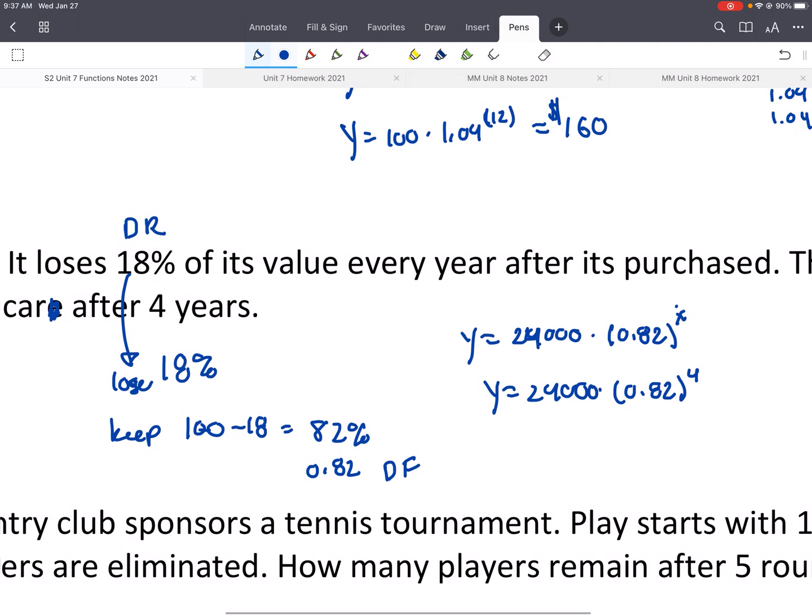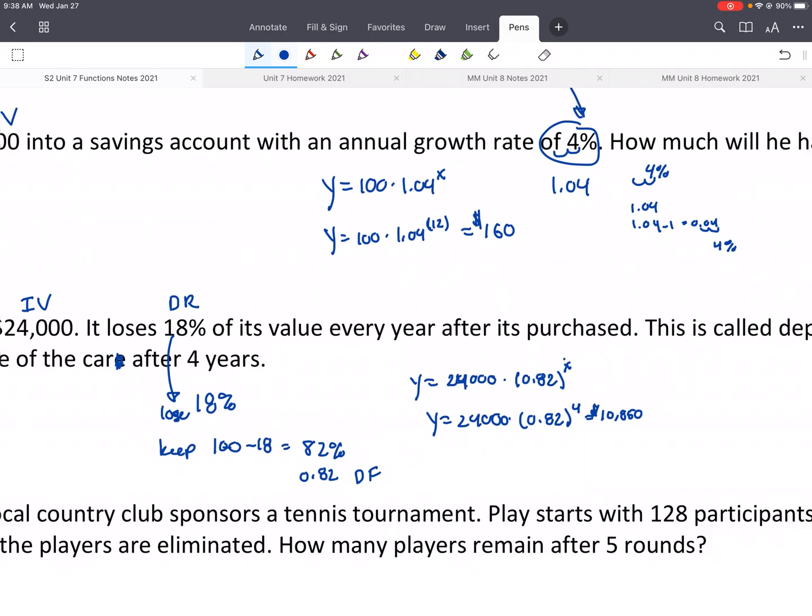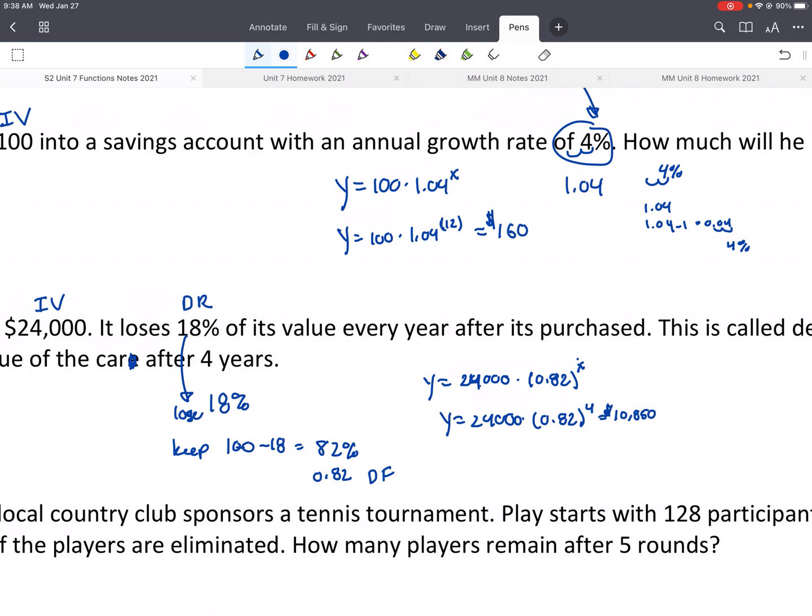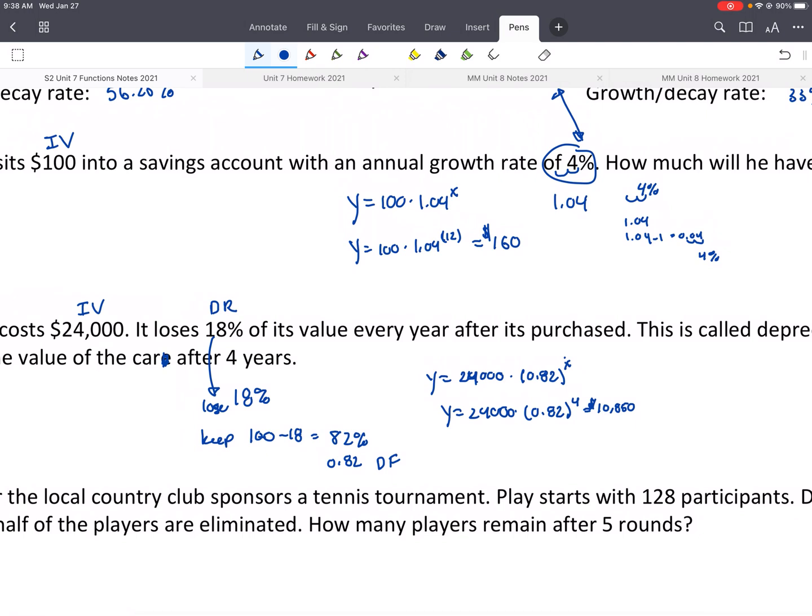And we would plug that into our calculator: 24000 times 0.82 to the 4th. So after 4 years, it's only worth just a little less than $11,000. So you lose quite a bit of money over time. So it's not a good thing to invest in.